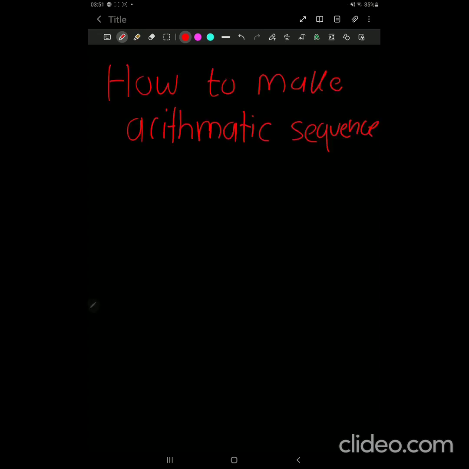Now that's pretty simple, but how do we make an arithmetic sequence? Well, the formula is d times n, plus the first term, minus d. This is the general formula.